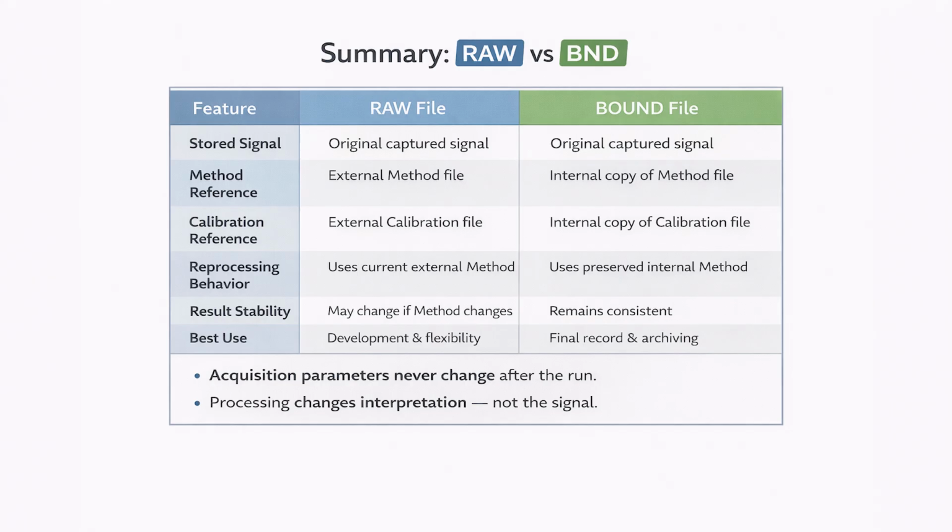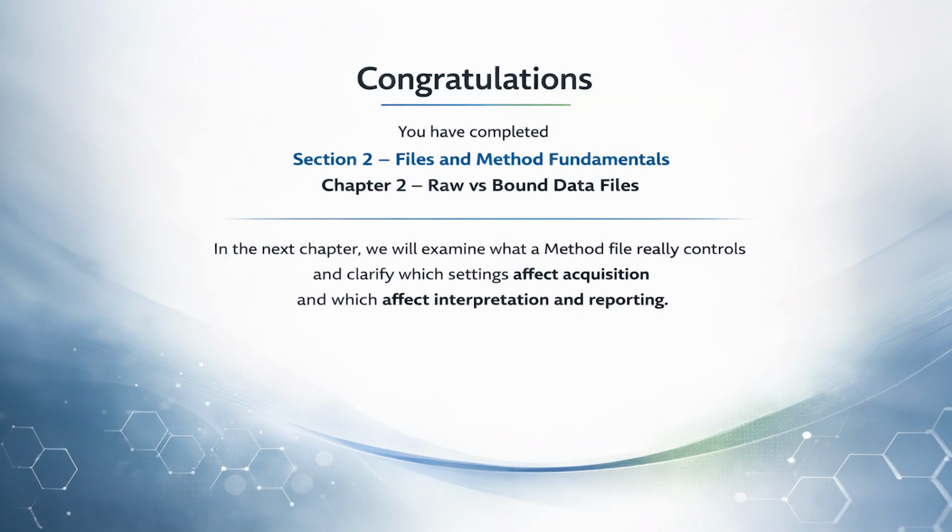Processing settings influence interpretation, not the captured signal. Understanding this distinction prevents confusion when results appear to change after method adjustments. If you are working with a raw file, recalculation based on the current external method is expected. If you are working with a bound file, results remain consistent because the internal method and calibration are preserved.